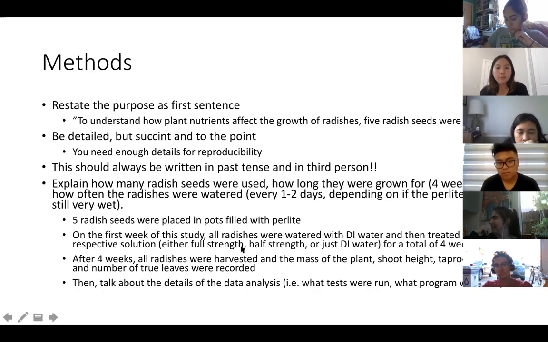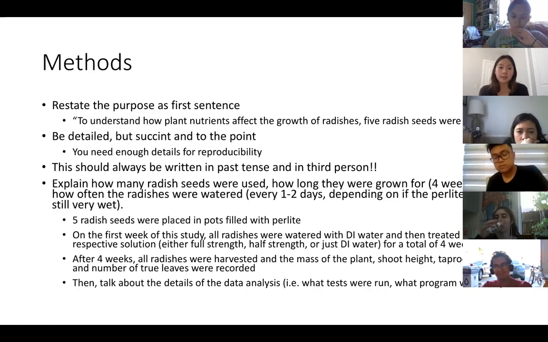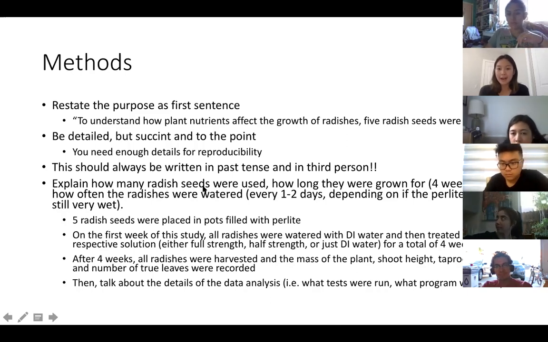Some of the methods I have listed out for you here, because obviously there were things that you couldn't do, because when we were about to start the experiment, that's when the lockdown happened. So you really want to explain how many radish seeds were used in each pot, which was 5, how long they were grown for, which was 4 weeks, and how often the radishes were watered. Obviously you didn't water them.